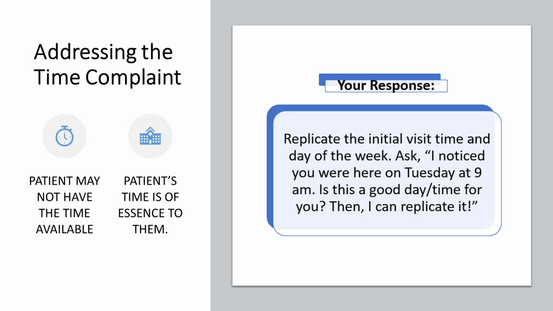Well, it's simple. Try to replicate the initial visit when they first came in. If they came in on a Tuesday at 9 o'clock in the morning, then it may seem as if this is a good time for them and a good date. So you can go ahead and say, well, I noticed that you were here on Tuesday, January 7th at 9 a.m. and your visit went very well.